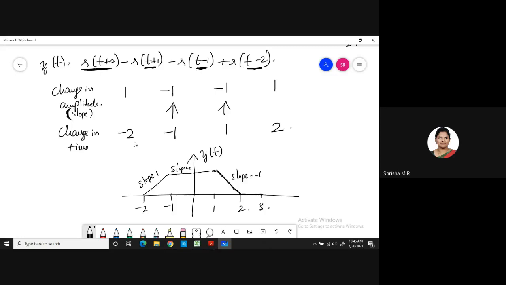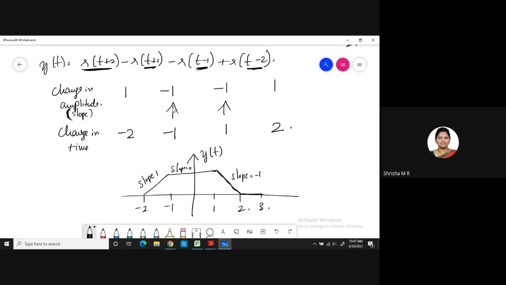Now, when you write change in time, in this row you will understand from where to where your signal will exist, from minus 2 to plus 2. So you write that minus 2 to plus 2. At minus 2, the slope is 1. In case of ramp, you have to take slope. So slope is 1 from minus 2 up to minus 1. At minus 1, again there is change in amplitude to minus 1. You had already 1, again you have minus 1, so 1 minus 1 becomes 0.